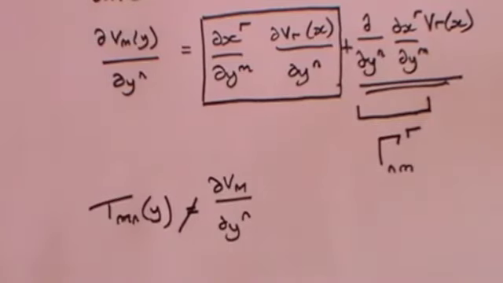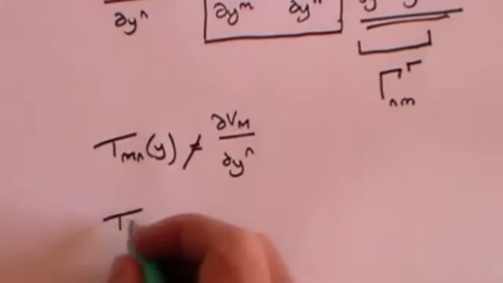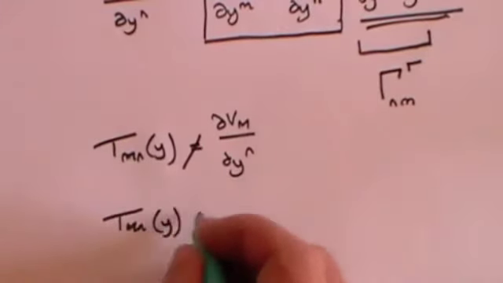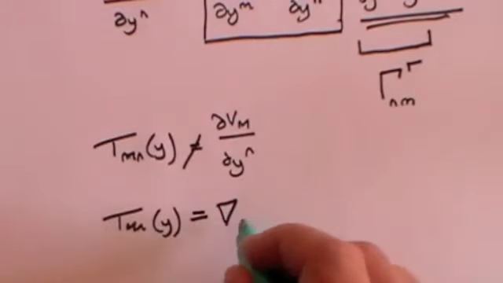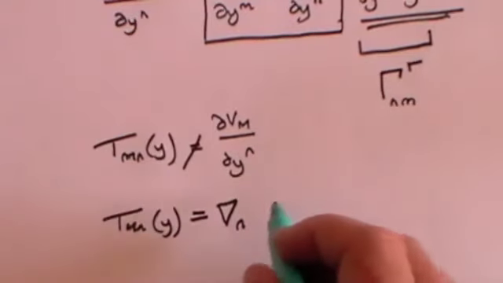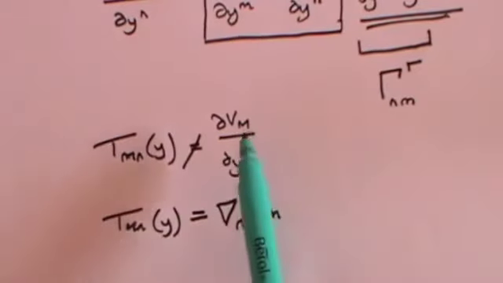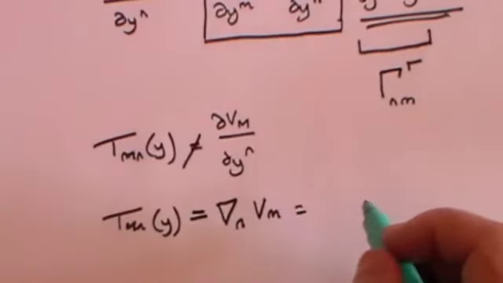And the way we get round that extra term is we say that Tmn in y does equal a new concept which we will call the covariant derivative, that's what that symbol means, of Vm. So it's not the ordinary derivative, we've shown it was not. We're going to call it the covariant derivative. And what is the covariant derivative?